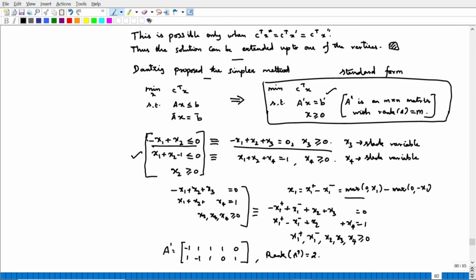But we are still not done, because we do not know if rank of A is equal to m. In this case it turned out to be easy, rank of A equal to m, we just got it as such, but in general we may not get it. Suppose you have an m cross n matrix, but the rank is less than m, say m minus 2 for example.